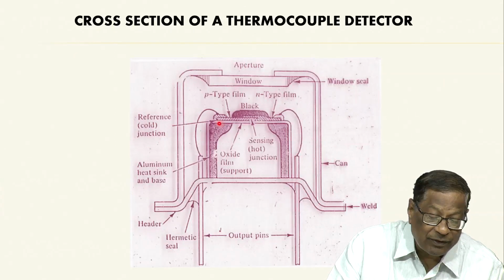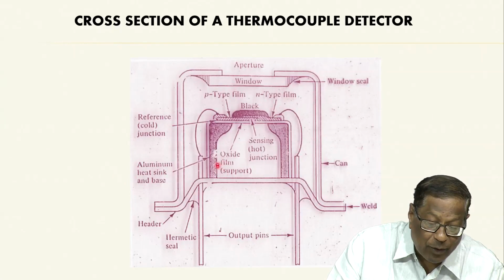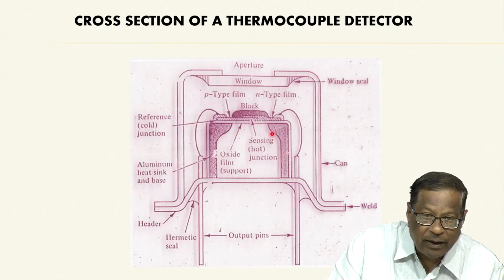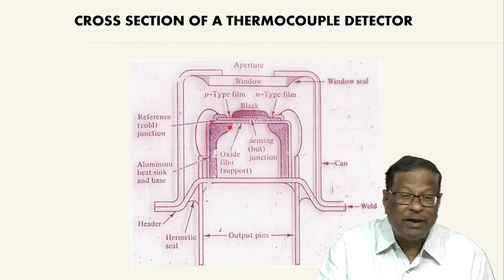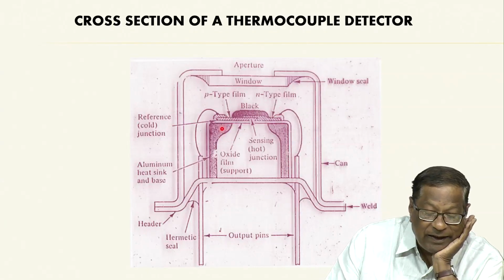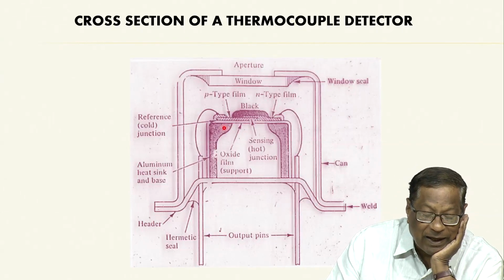So, cold is the reference junction, the other one is the hot junction, and this whole thing is mounted on an aluminum piece, this portion. This red portion is an aluminum piece required to take out the heat generated by the IR.